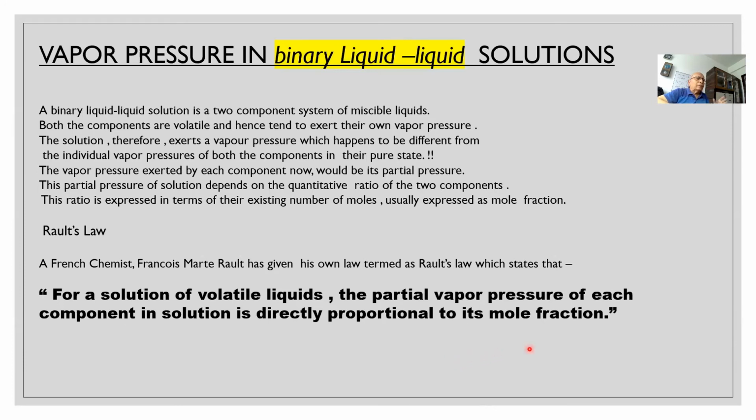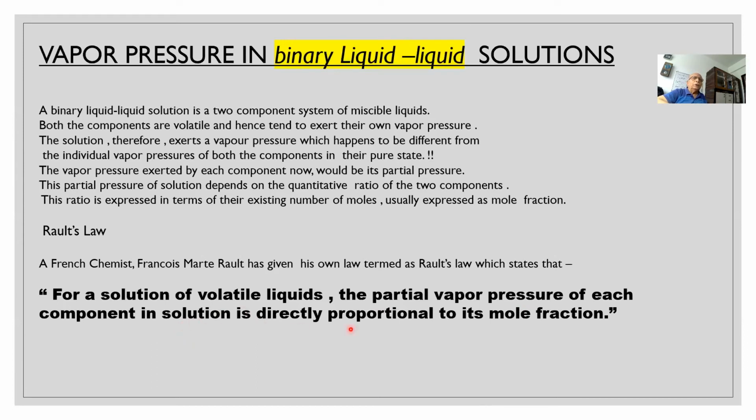Sometimes you get a direct question: which of the following statements relates to Raoult's law? Raoult's law talks about the partial pressure of vapor in a solution, not the total pressure.